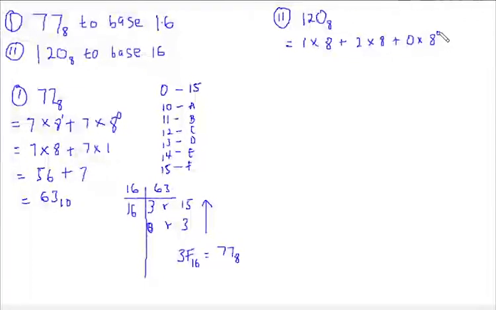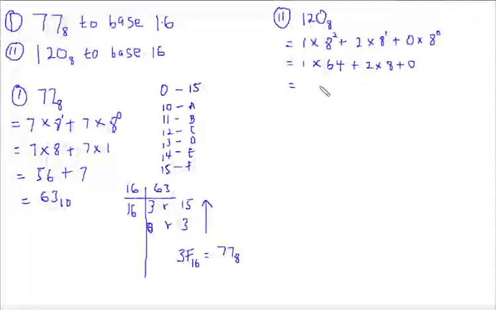So we have 8 raised to power 0, 8 raised to power 1, 8 raised to power 2. This is equal to 1 times 8 raised to power 2, which is 64, plus 2 times 8 raised to power 1, which is 2 times 8, plus 0 times 8 raised to power 0, which is 0.